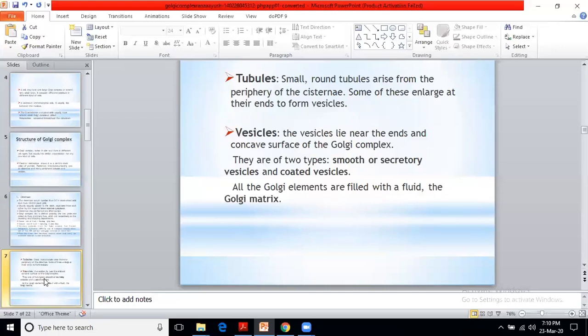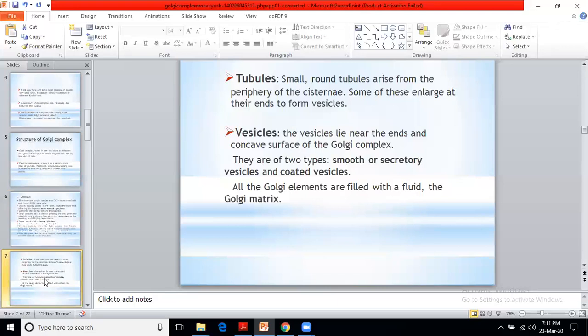So these vesicles are very important because these are the clathrin coated vesicles, which play a very important role in the intracellular traffic of membrane and secretory products.